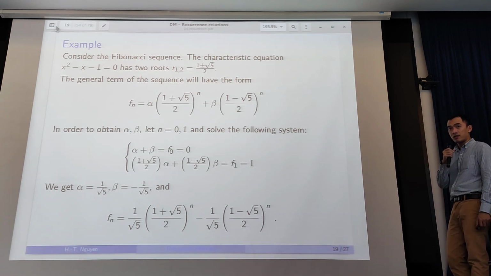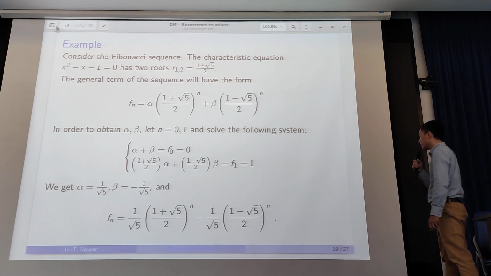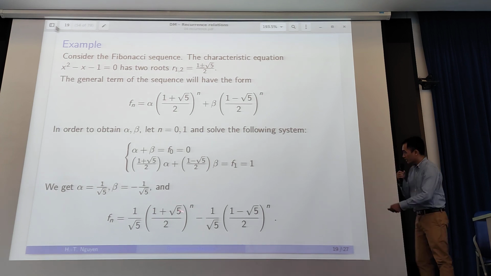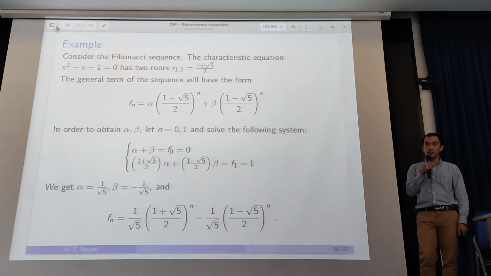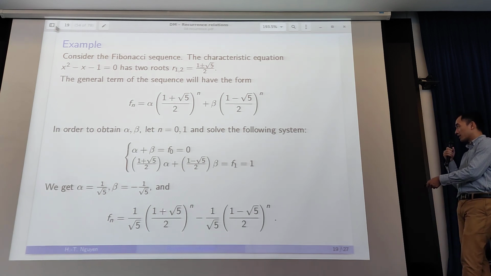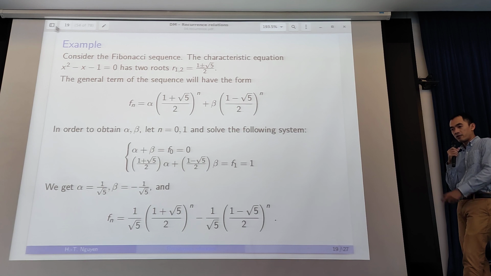It looks weird, right? Because you know that Fibonacci numbers are integers, but this doesn't look like an integer at all. But if you expand all these expressions using the Newton binomial formula, then the terms which contain square root of 5 cancel each other out, and the rest is a sum of integers.